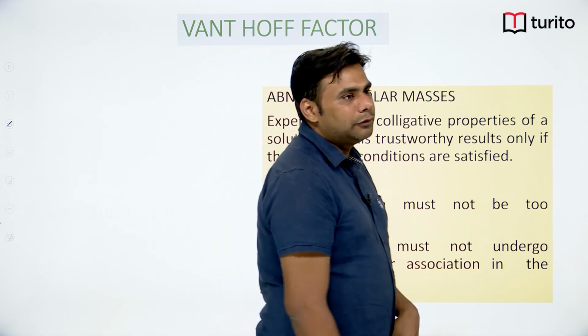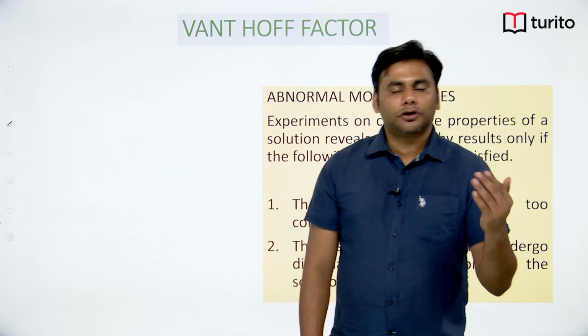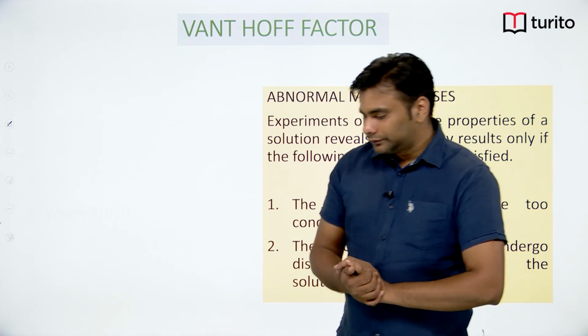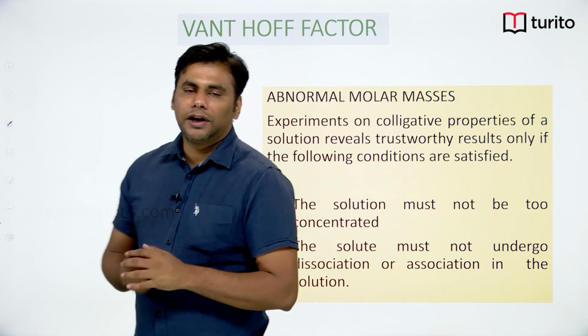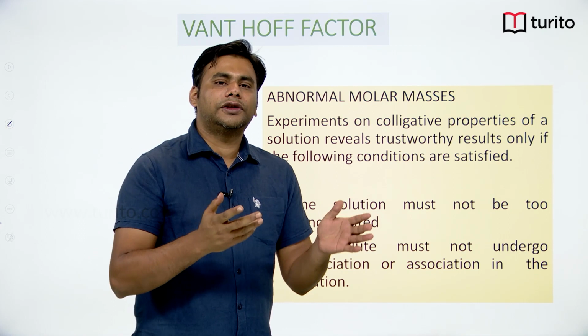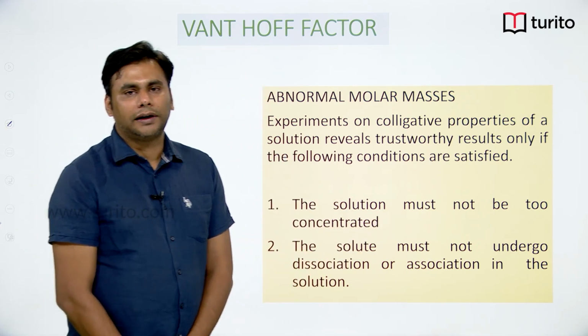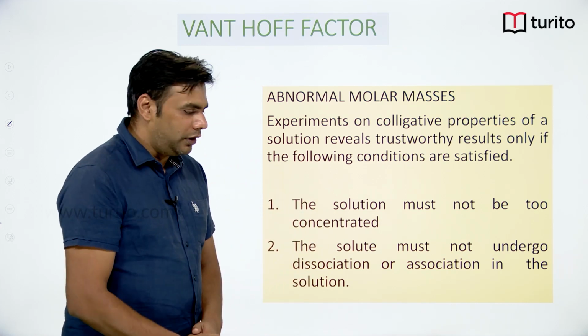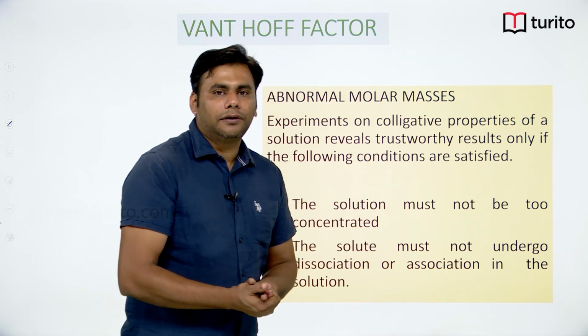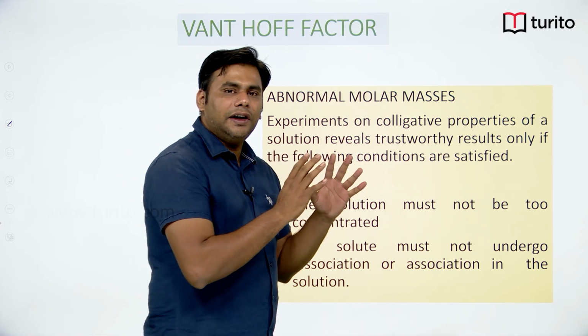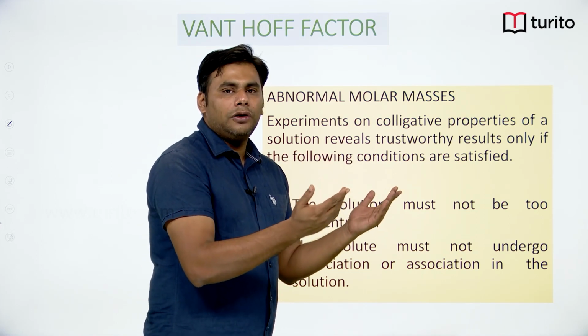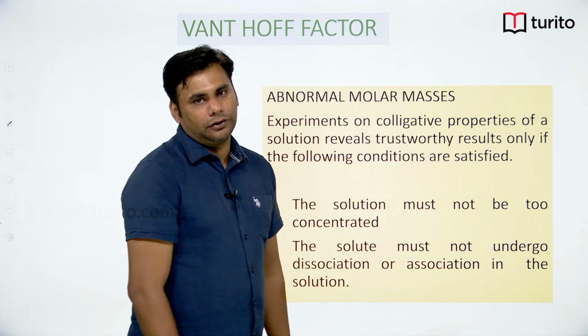Now osmotic pressure was again a colligative property because it was dependent on the concentration of the solute. Concentration means it depends upon the number of solute particles. So these were the four basic colligative properties which we did. We considered the solute to be non-volatile and non-electrolytic.